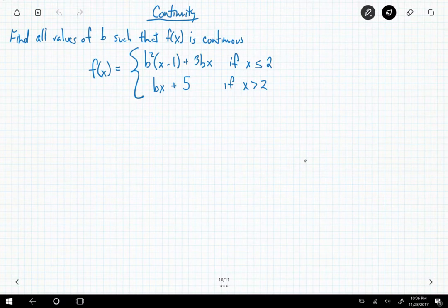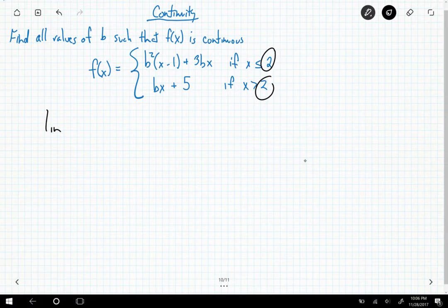Continuity. So in continuity, you need the left-hand limit to equal the right-hand limit if there's any points where we have to worry about. And so in this case, there's 2 equations with 1 point. We need the left-hand limit to equal the right-hand limit.